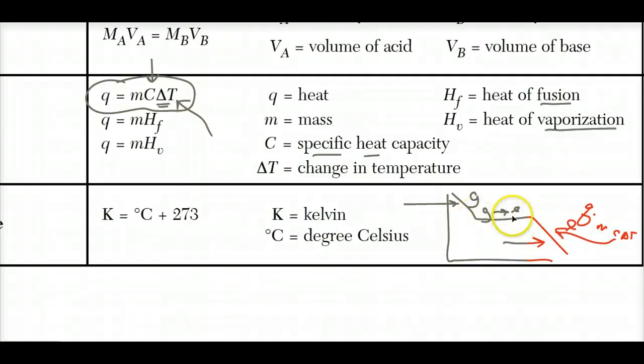But at this phase change, there's no change in temperature. So I have to use one of the other two. And we use this one because we're going to use the constant for heat of vaporization. Now, heat of vaporization, by definition, is the amount of energy it takes for 1 gram of a liquid to become a gas at its phase change temperature. However, it's the same energy that's absorbed by a liquid to become a gas.